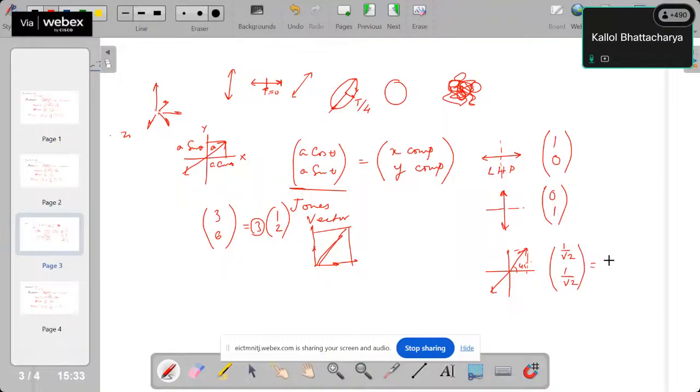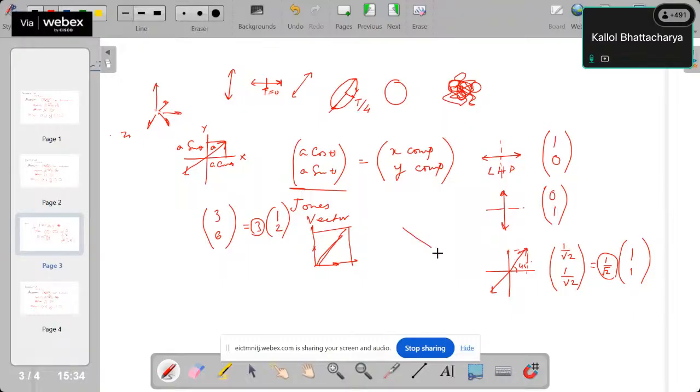And as I said, we can easily bring it down to its lowest terms, which is 1, 1. 1 by root 2 is not important because it just indicates the amplitude of the light beam. 1, 1 represents the state of polarization of the light beam. So whenever we see 1, 1, we know the Jones vector 1, 1 means that light is polarized at 45 degrees.